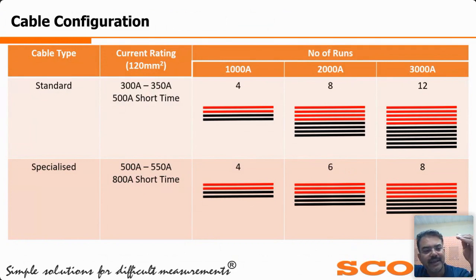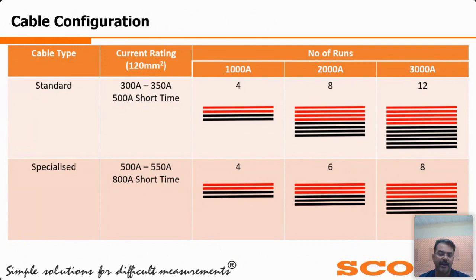Whether it is a standard cable or a specialized cable, we have to give two parallel cables to carry 1000 ampere. But the moment we go to the 2000 ampere range, with a standard cable we require 2000 ampere by 500 ampere, so four parallel cables for sending the current from the kit to the P1 terminal and another four cables from the P2 terminal to the kit.